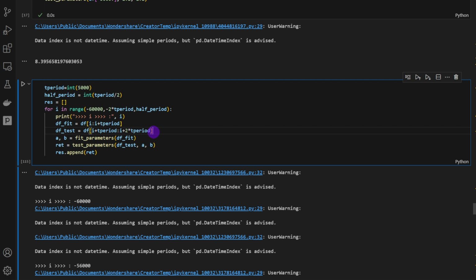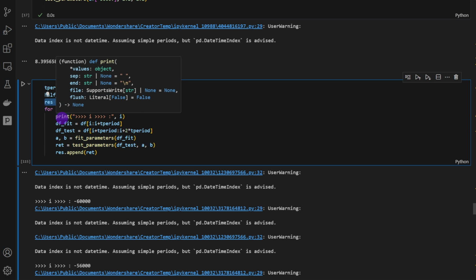The fitting here is happening on the data frame underscore fit, and the parameters are A and B. These are going to be used for the testing, which is data frame underscore test, taking into account the best A and B parameters found by the previous function. Then we append the percentage of returns in this list that we're going to use later on.